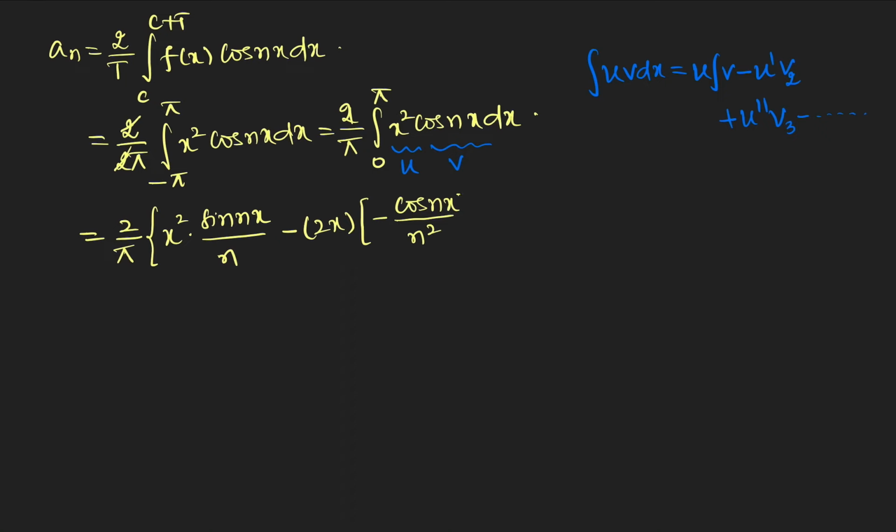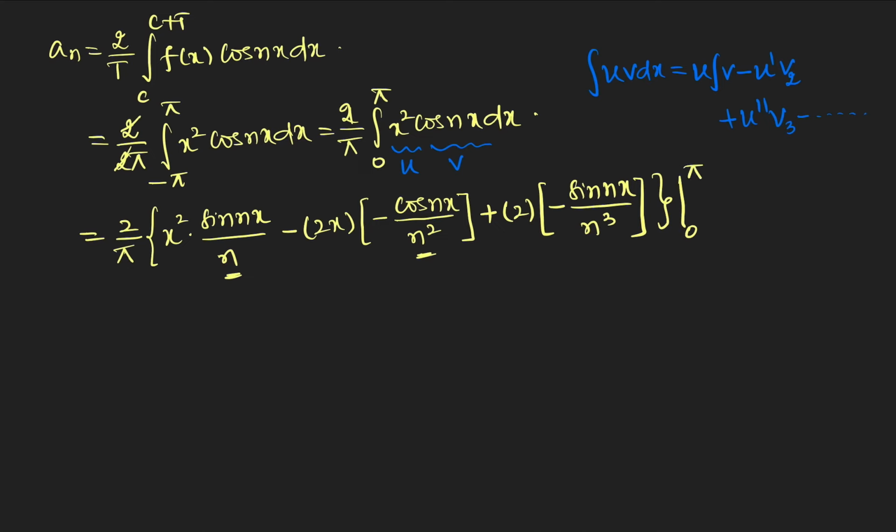Already n is there, so it will become n square, plus the differentiation of 2x, which is 2, into the integration of cos, which is sin nx by n cube. The limits run from 0 to pi.